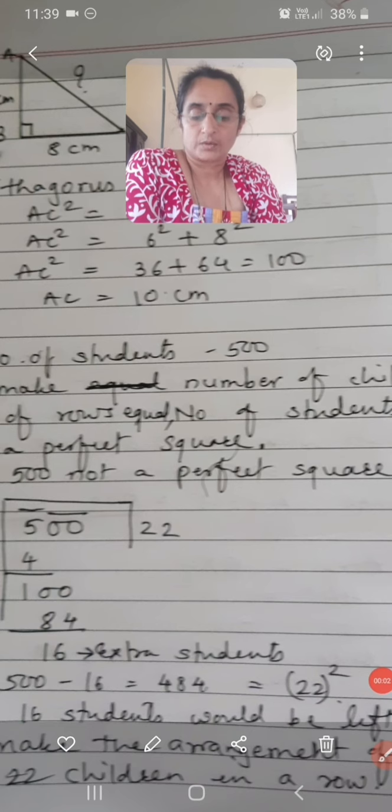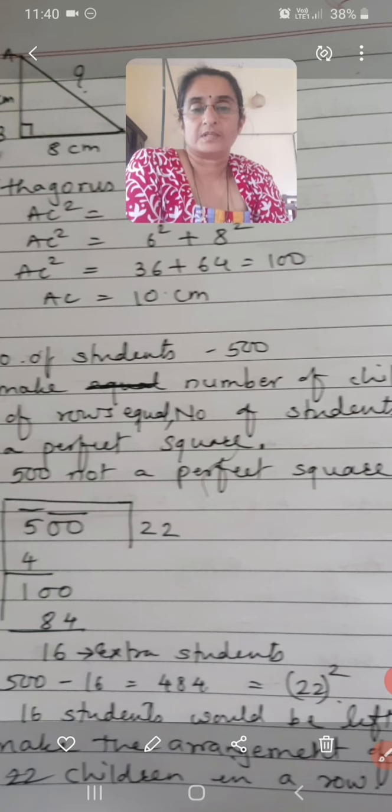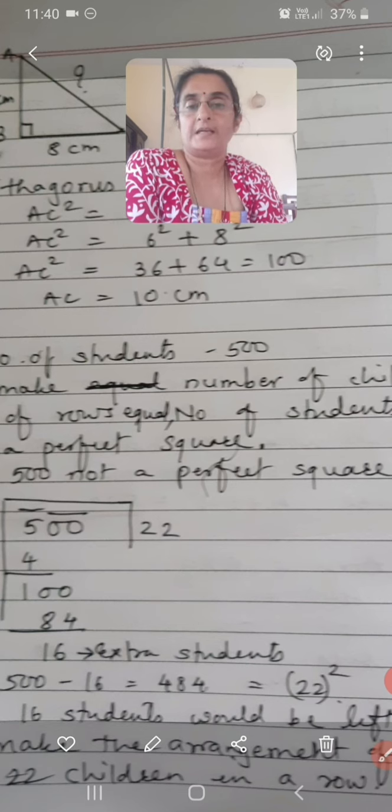Okay, what the question says here, there are 500 students and they are going to stand for a PT drill, and the number of students in each row is equal to the number of rows made. Fine. Now we have learned in the previous question, that is in the Prime Minister Relief Fund contribution, the number of students and money paid by each one of them.